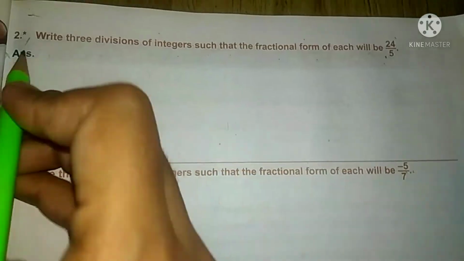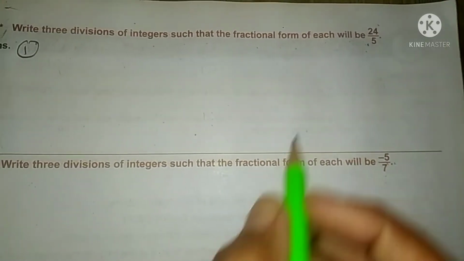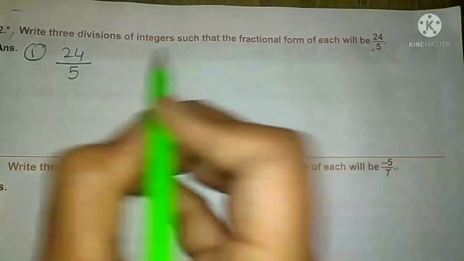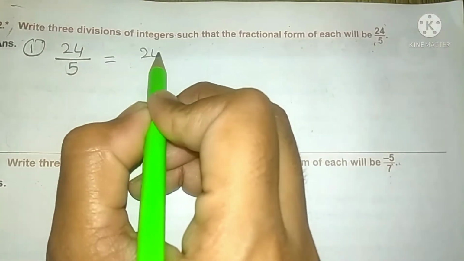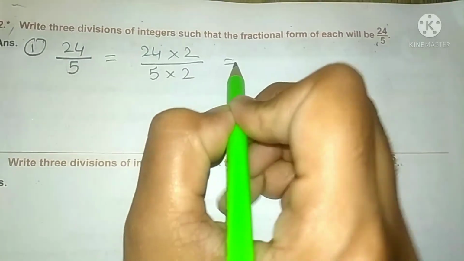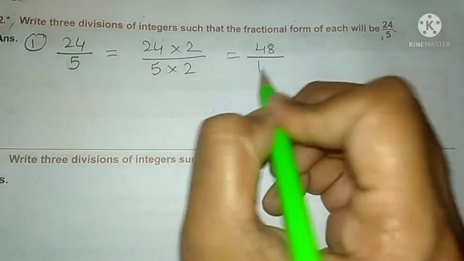See how you are going to find it. We have to find 3 divisions. For the first one, take 24 upon 5 and multiply 24 by 2 and 5 by 2. You will get 48 upon 10.